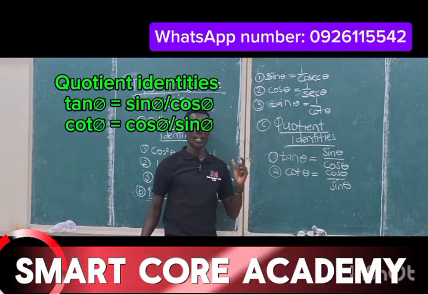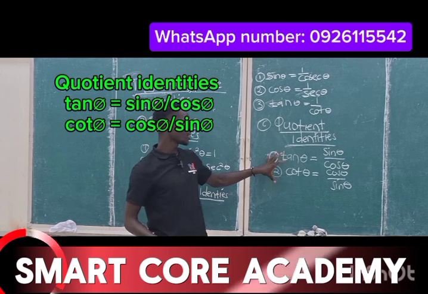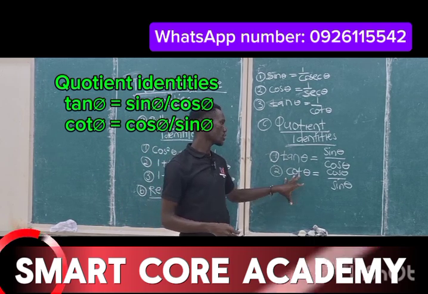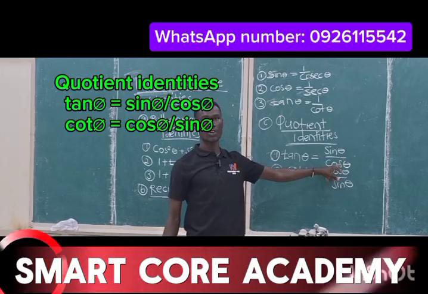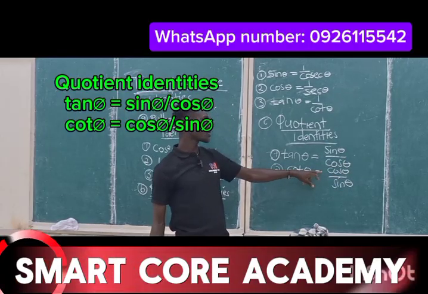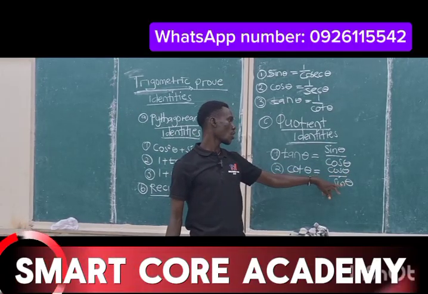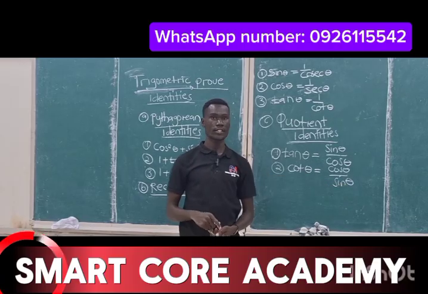When we look at the quotient identities, their rules are opposite to each other. Tan theta is equals to sine theta all over cos theta. Cot theta is equals to cos theta all over sine theta.